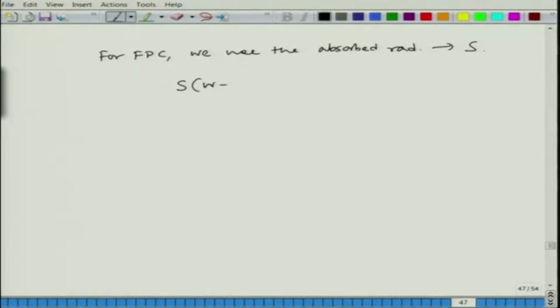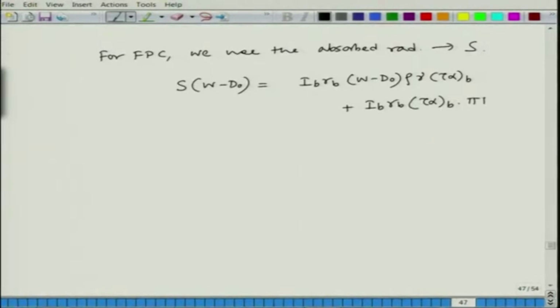S into the effective aperture width will be equal to IBRB multiplied by W minus D naught rho gamma tau alpha b plus IBRB multiplied by tau alpha b into pi d naught.